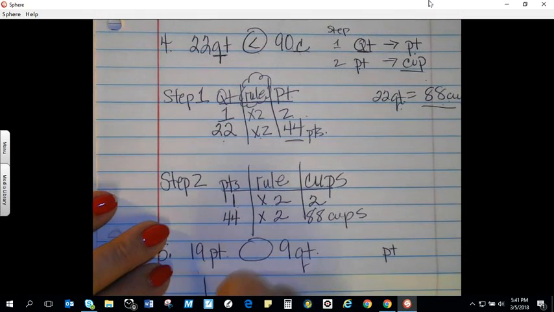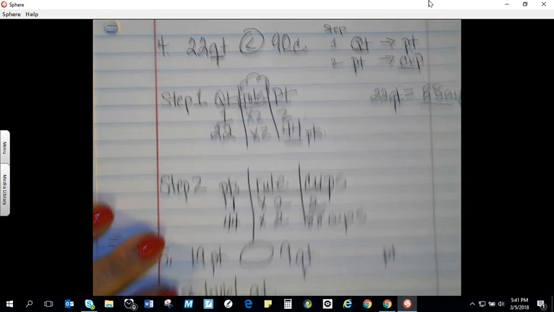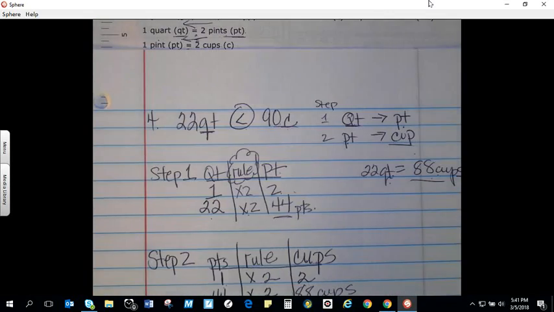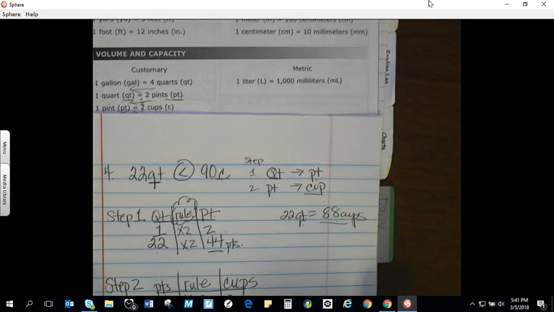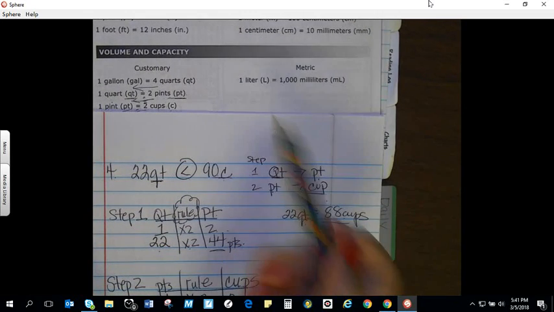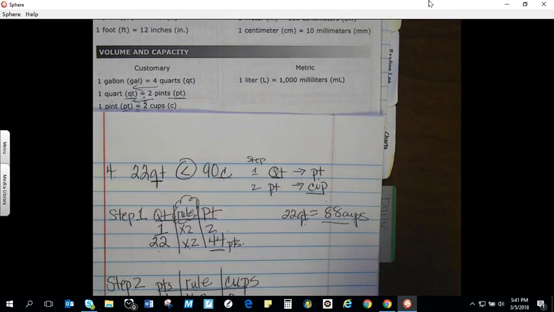So I'm going to write out, if you can see it, my rule again. And I'm going pint to quart. For every 2 pints, that's equal to 1 quart.